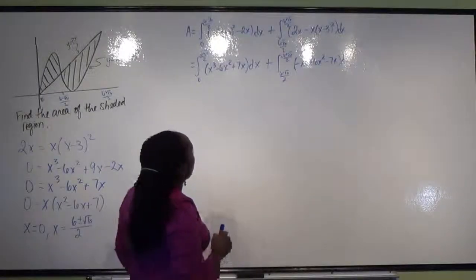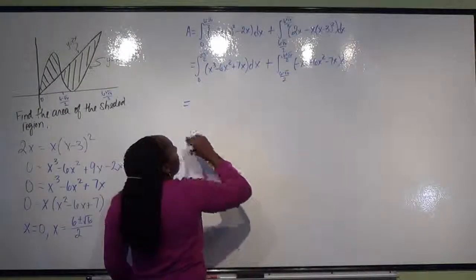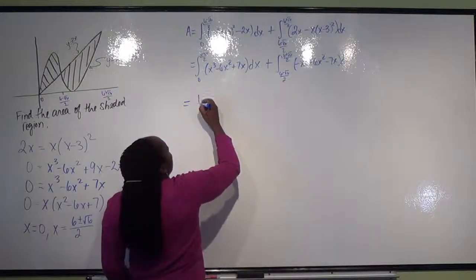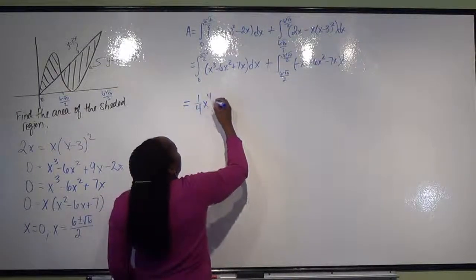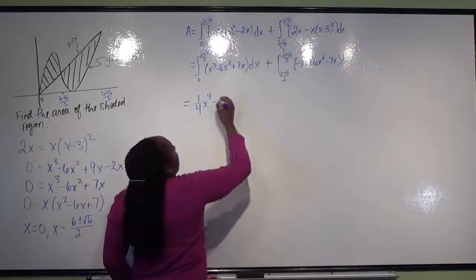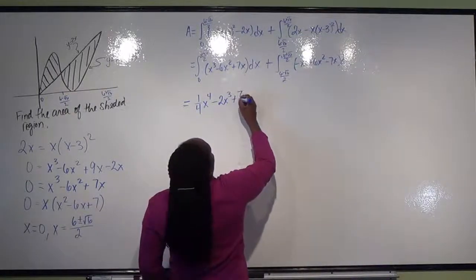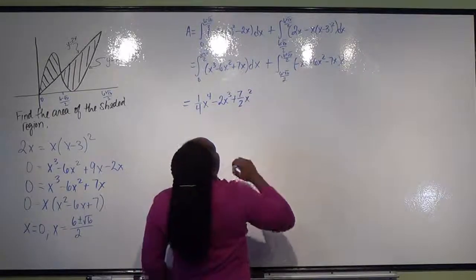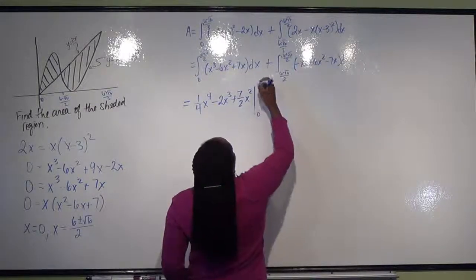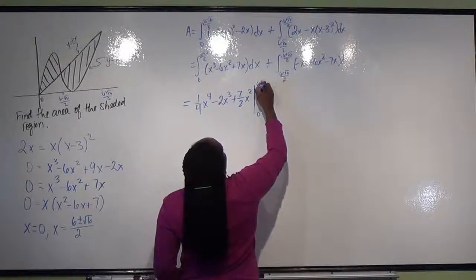Now I can use my basic properties to evaluate the integral. I'm going to get 1/4 x to the 4th minus 2x cubed plus 7/2 x squared, evaluated from 0 to (6 minus root 6) over 2.